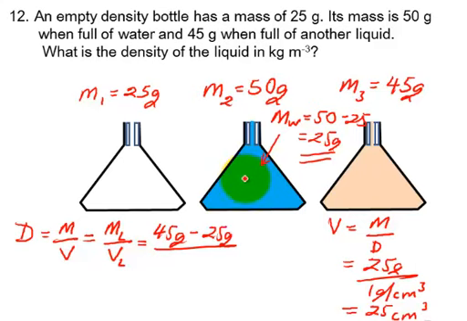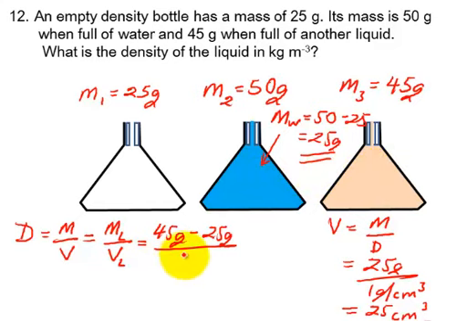That means any liquid which is put in this density bottle will have the same volume as the volume of the density bottle itself. And therefore, the volume of this liquid is 25 centimeters cubed.